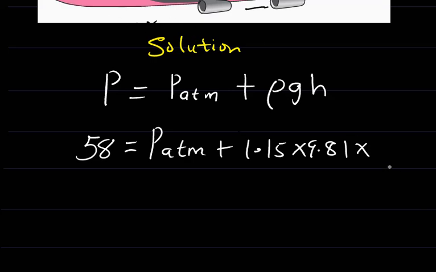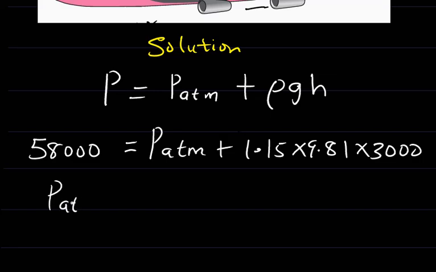So that's going to be 3,000 meters. Of course, I have to convert kilopascal to pascal, so that's going to be 58,000 pascal. So the atmospheric pressure is going to be 58,000 pascal.